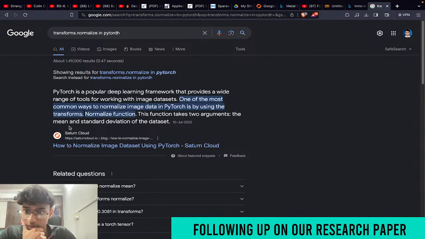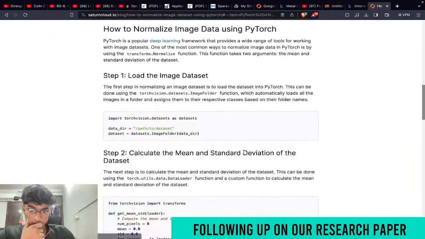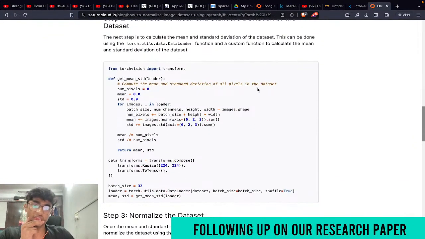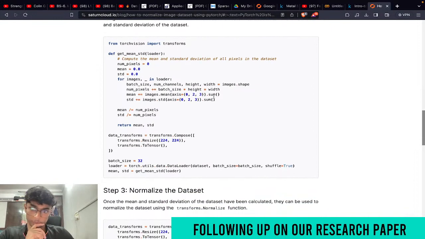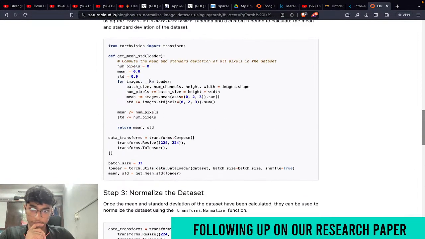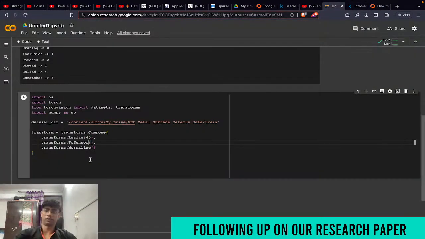The function takes as arguments the mean and the standard deviation of the dataset. Mean is 0, standard deviation is 1. Does it necessarily need it, or can it take it by default? Not sure.